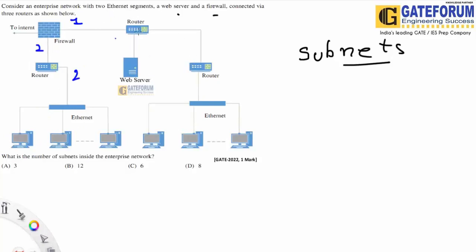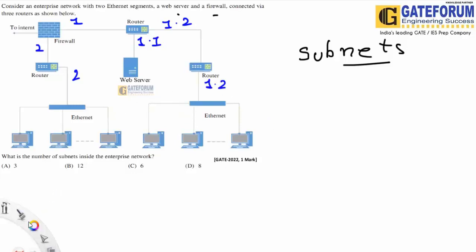Coming to the first subnet, the first subnet is further divided into two parts. This is 1.1 and this is 1.2. 1.1 is basically the web server, and 1.2 is basically the router, which is again prolonged to the entire internet.